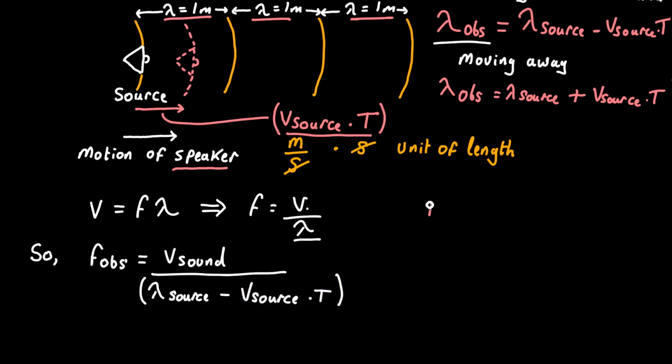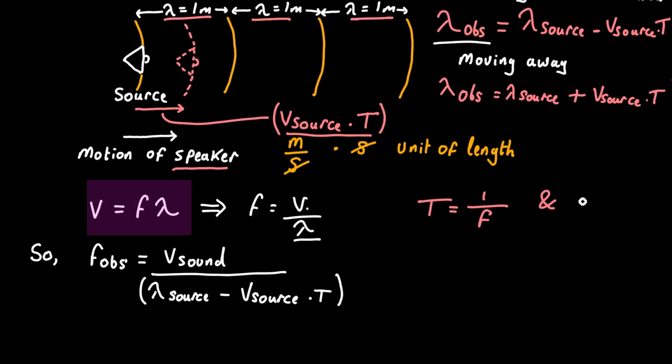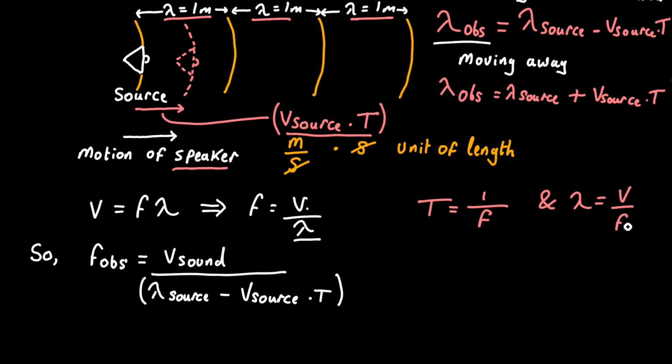We also know that the period of any wave is equal to 1 divided by the frequency. We also know, if we rearrange our velocity equation here, the velocity of a wave is equal to the frequency multiplied by the wavelength. If we isolate this wavelength here, the wavelength of the source is equal to the speed of sound in air divided by the frequency of the source of sound.